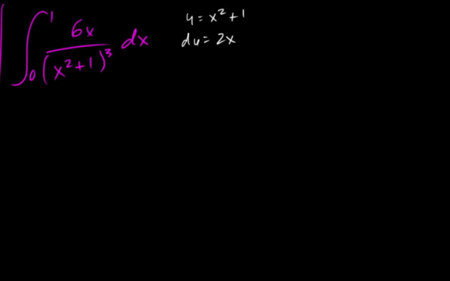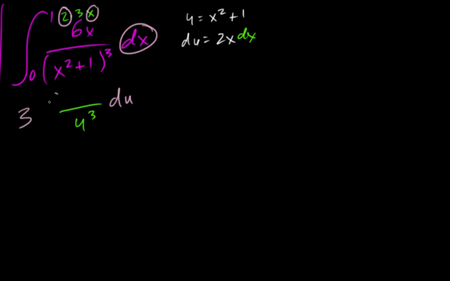Okay, now when I start plugging stuff in, I'm going to get a u on the bottom, u cubed actually, and then this is 2x dx, so we have a 6x, so we're going to think of the 6 like 2 times 3x, and so we use up the 2, use up the x, use up the dx, turn that into a du, and the 3 can hang out on the outside.